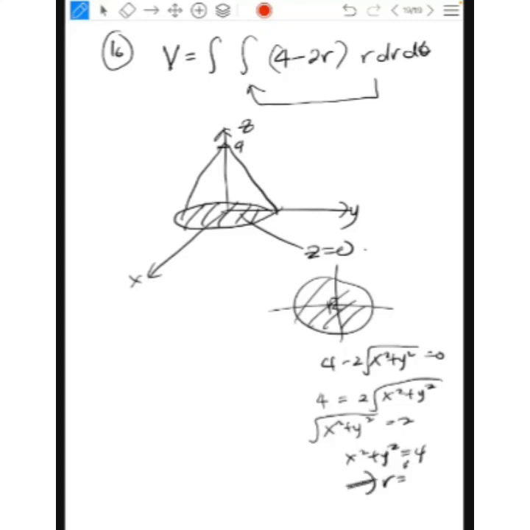Okay, r equals 2. So actually jari dia 2. Okay, so your r is from 0 until 2 and theta is from 0 to 2 pi. Okay, so this is what you want to solve for question number 16. 17 pun sama juga, kosong hingga 2 pi juga ni, 17, because it's just a hemisphere.